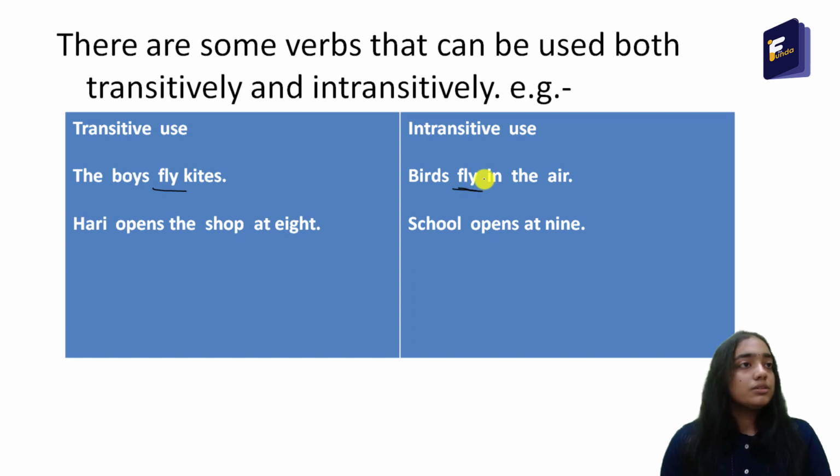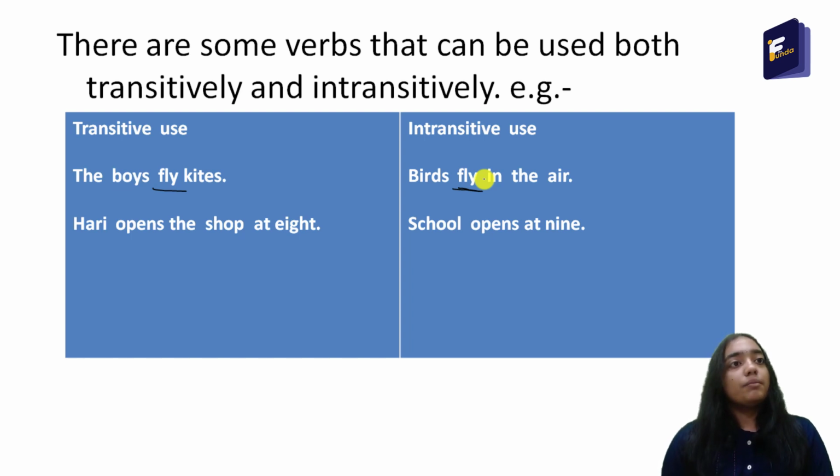What is the reason? In the first sentence, if I write the boys fly, it is not making any sense. I have to write the boys fly kites. Then only it will make complete sense. That is why the word fly is transitive.